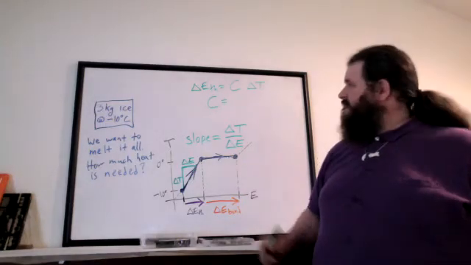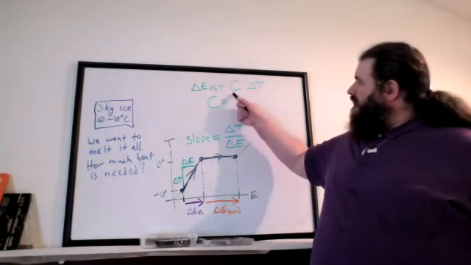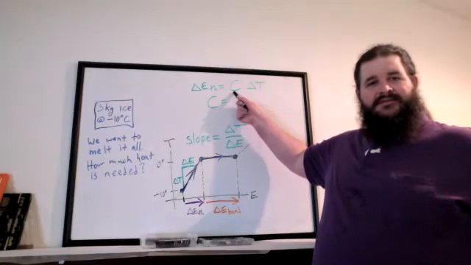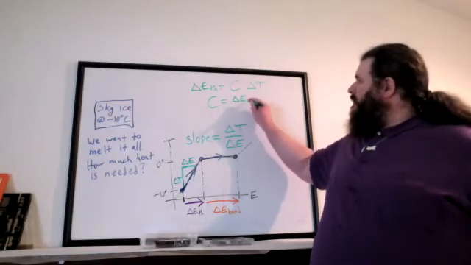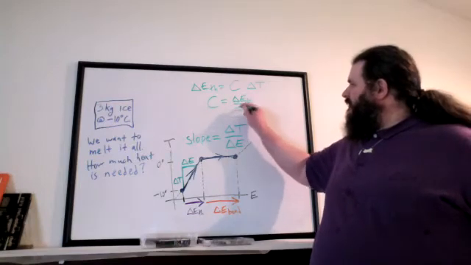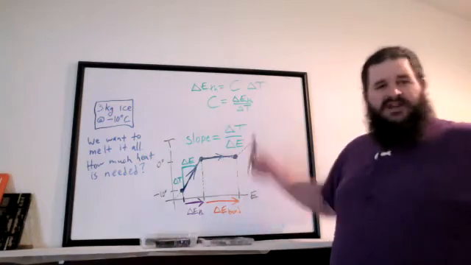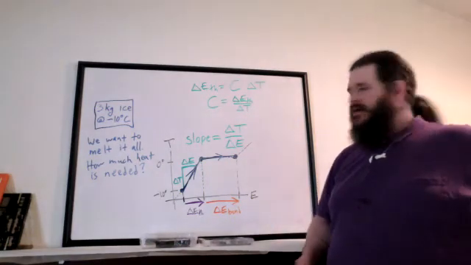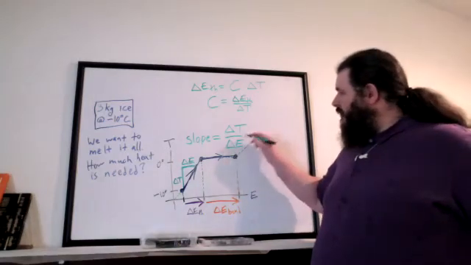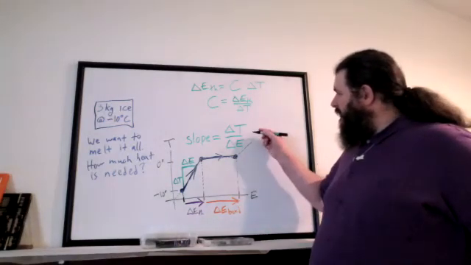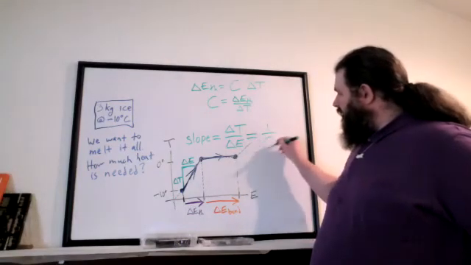We got change in temperature over change in energy, thermal energy. Almost. In this case, though, oh, sorry. It would be change in thermal energy divided by change in temp. Yeah, exactly. Sorry about that. No worries. It's the same thing, just upside down. So heat capacity is change in thermal energy over change in temperature. That's exactly the inverse of the slope on this graph. The slope of the energy versus temperature graph is 1 over the heat capacity.